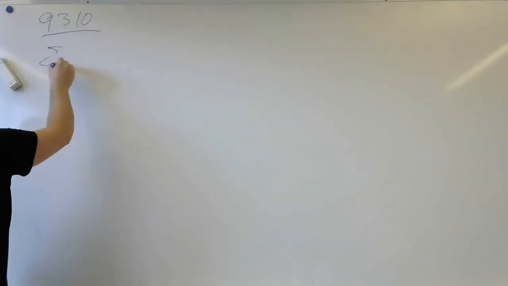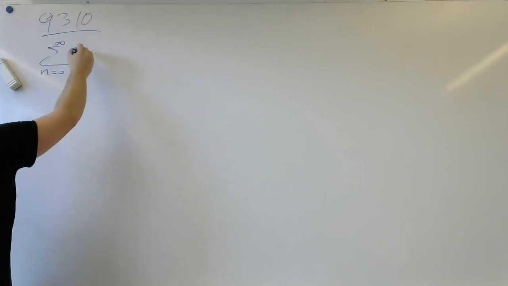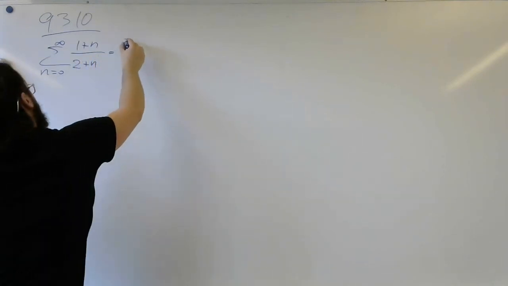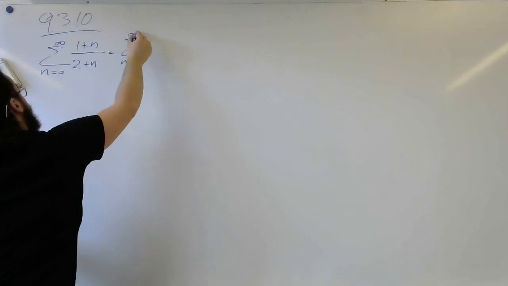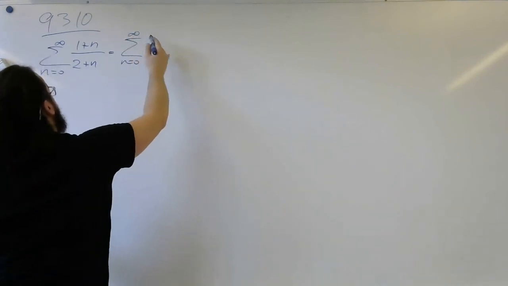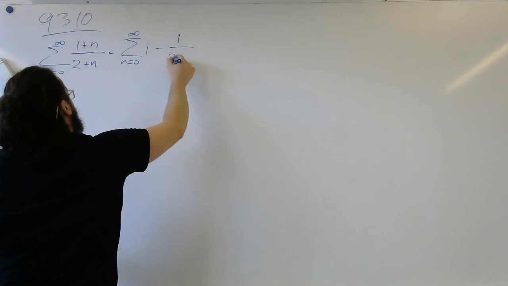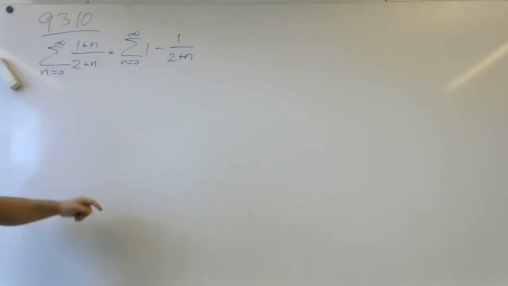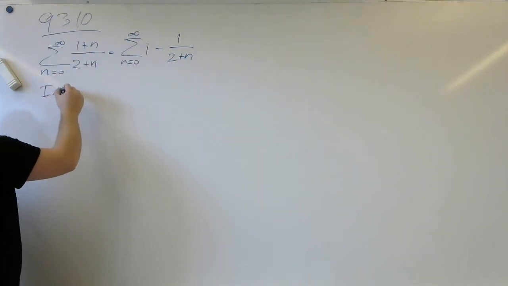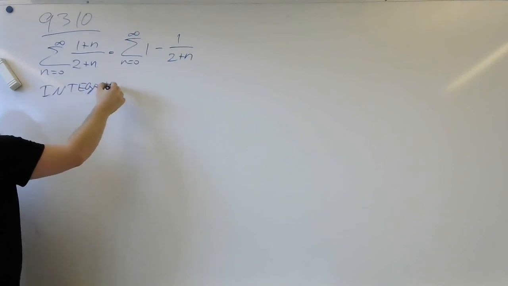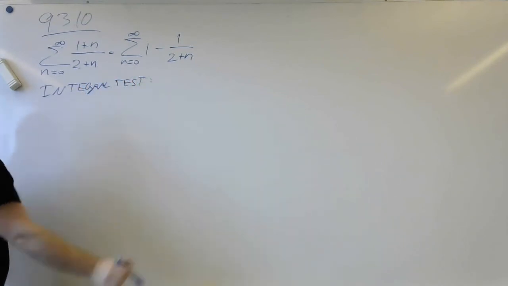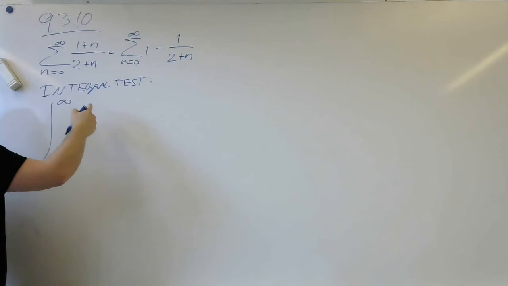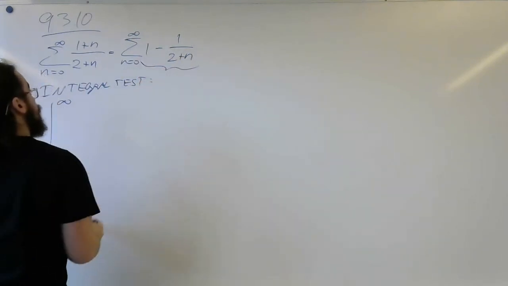In this case, this is 2 plus n minus 1. So we can put it in that form. If we were to run an integral test, we put this as an integral with these limits, 0 to infinity, of the terms.